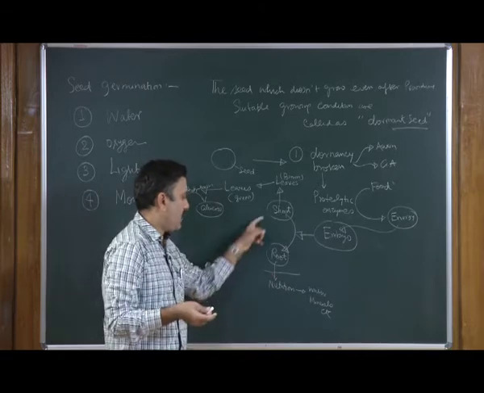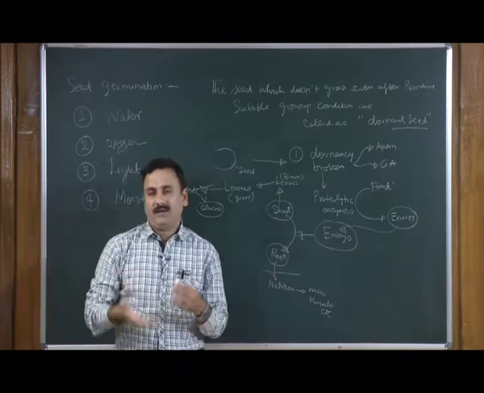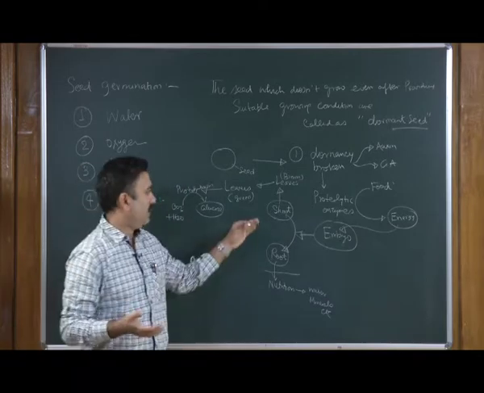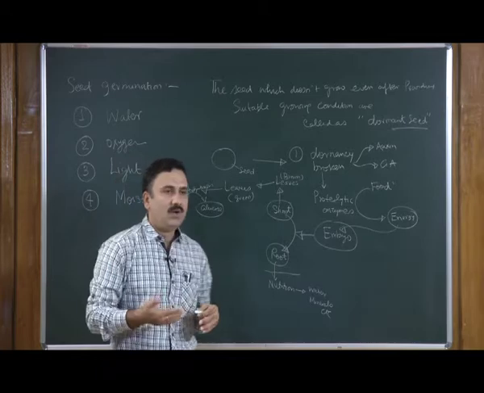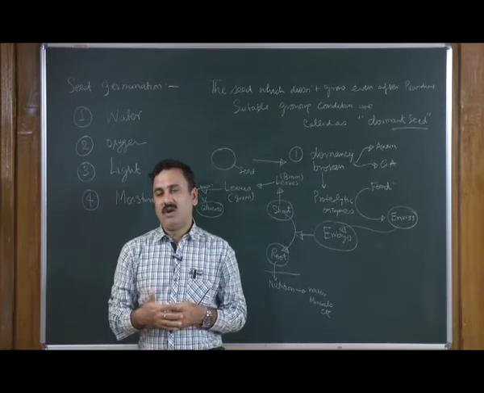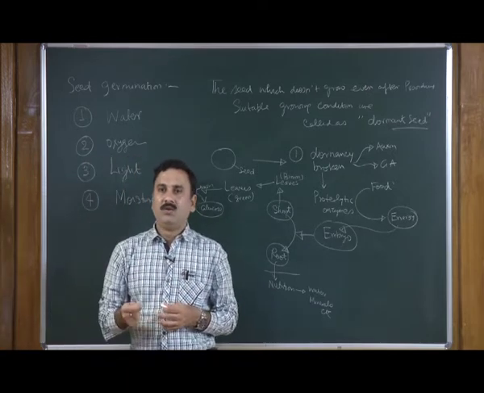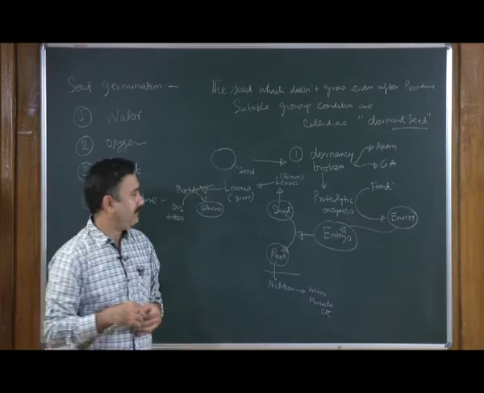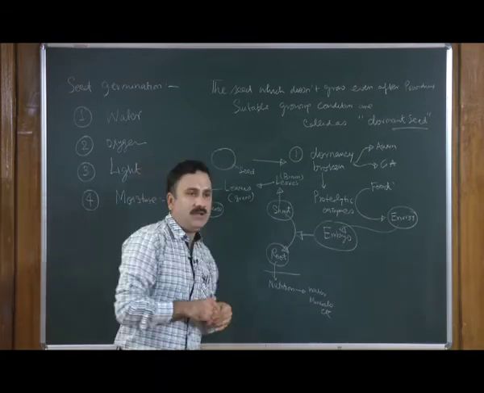The root provides water to the shoot, because we have discussed that during photosynthesis water is required for photolysis, so that it releases electrons, and that is how the seed is going to germinate into new plantlets.